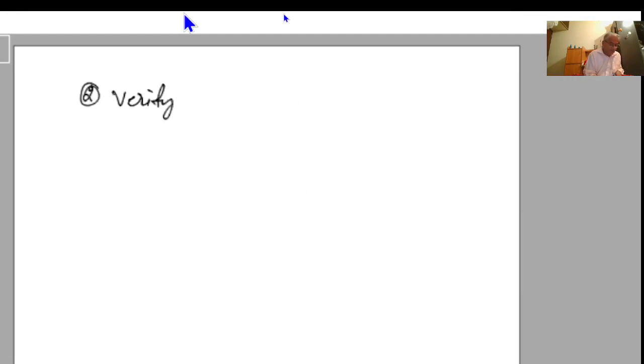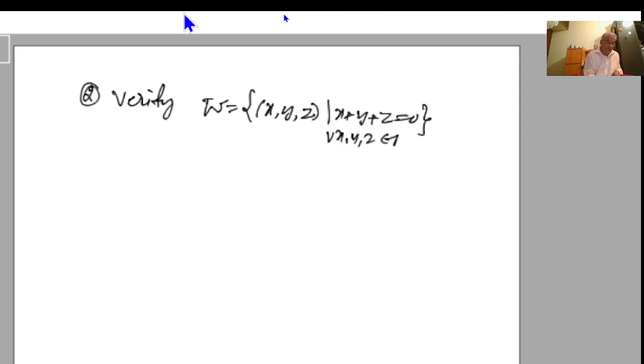Verify W is equal to the set consisting of the elements of the form (x, y, z) such that x plus y plus z equal to 0 and x, y, z belong to R is a subspace of V3(R). Okay.